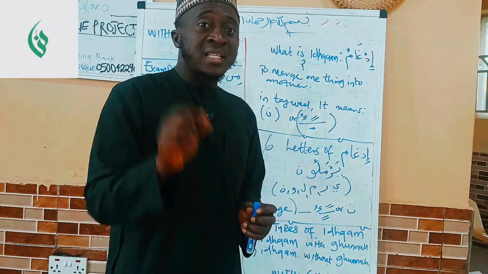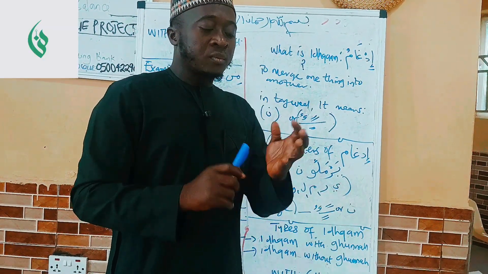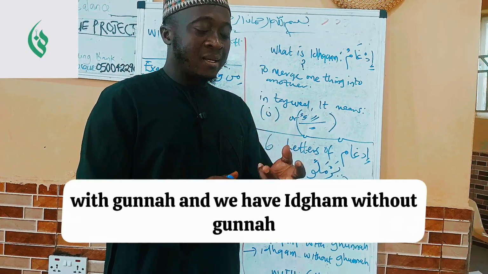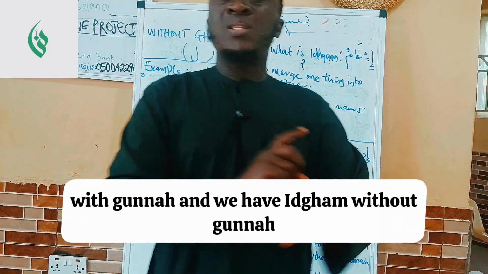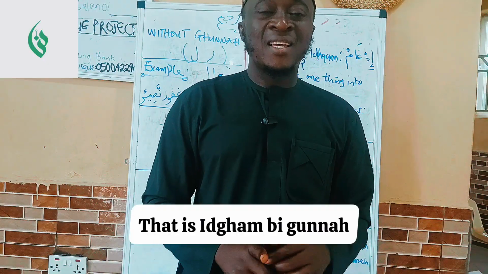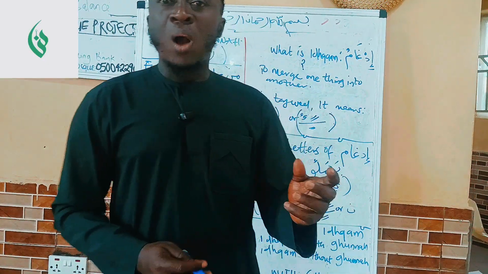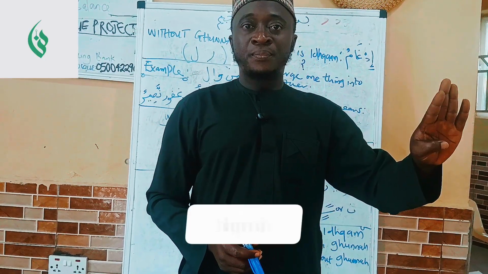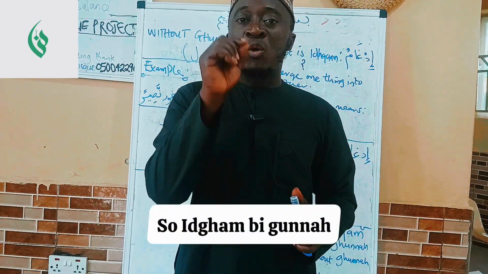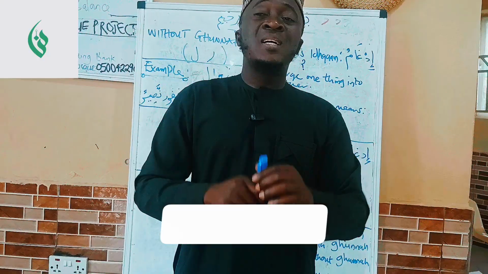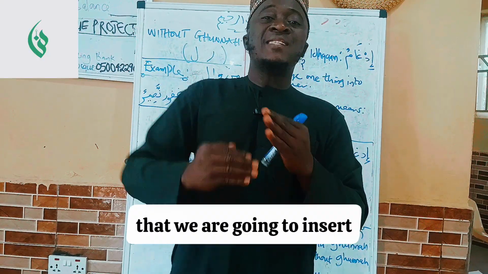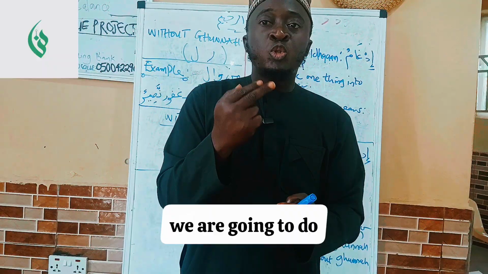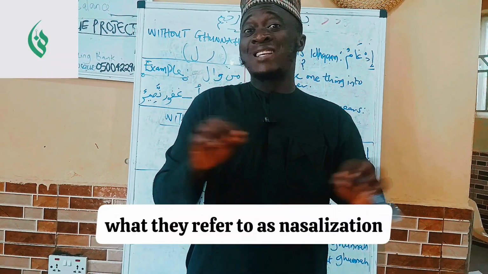What are the types? Idghām has 2 types. We have idghām bi Ghunnah, and we have idghām bila Ghunnah. Idghām bi Ghunnah is the idghām where we insert, and at the same time we do what is referred to as nasalization.